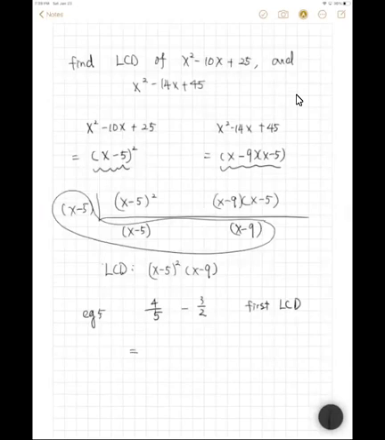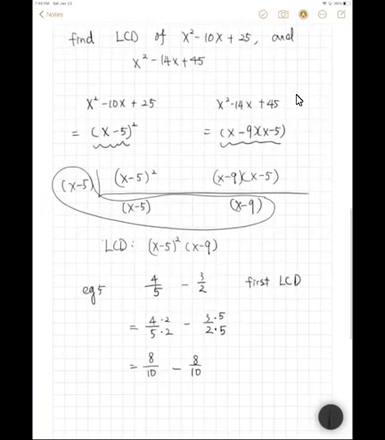Okay, 5 and 2, the least common denominator would be 10. So that means for the first equation, I need to multiply 2 on the top and bottom. For the second one, in order to get to the denominator 10, I need to multiply 5, top and bottom. So I have 8 over 10, subtract 15 over 10.